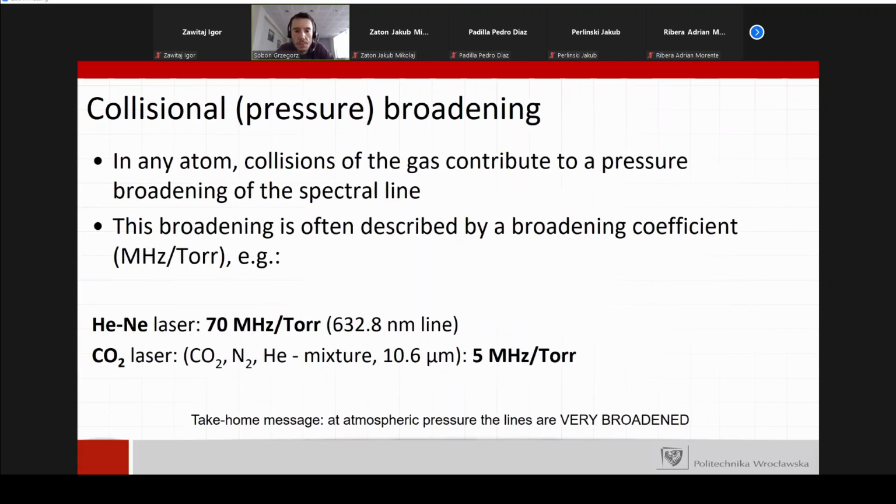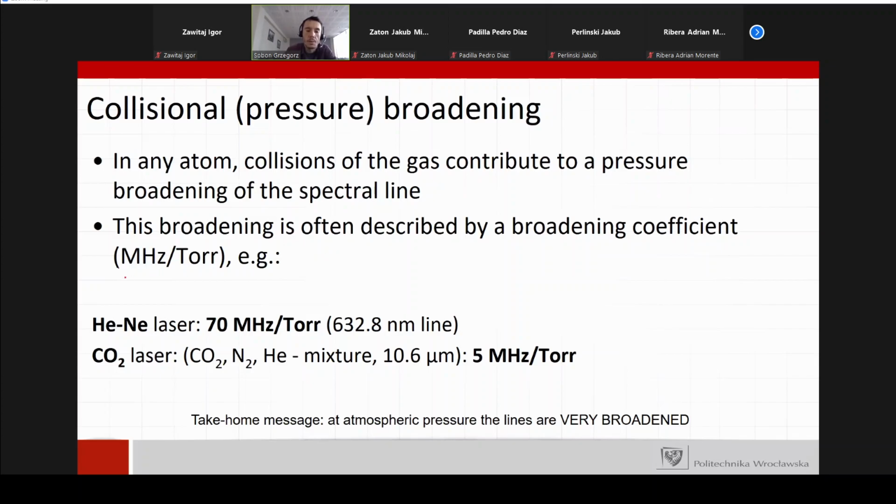So the conclusion from this collisional broadening is that in any atom, the collisions of the gas will contribute to the broadening of the spectral line. And we can define a broadening coefficient because this is proportional to the pressure of the gas.